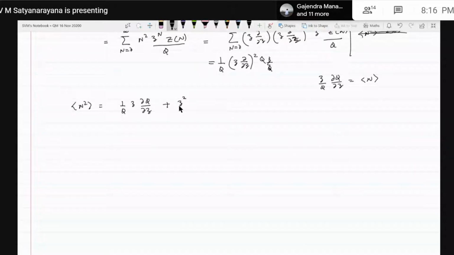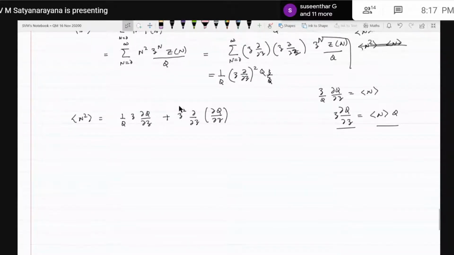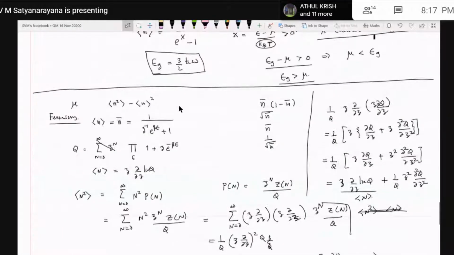So you can write dou Q by dou z as average n times Q by z. Maybe even at an earlier stage you can substitute that, at this stage, the average n times Q.